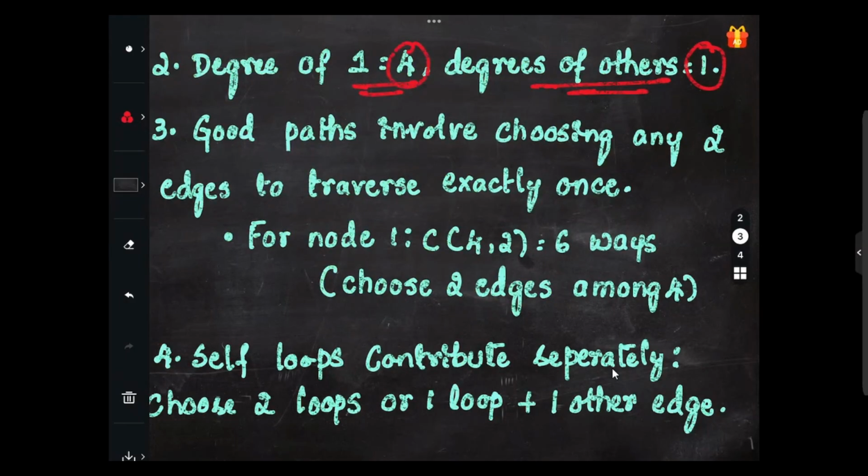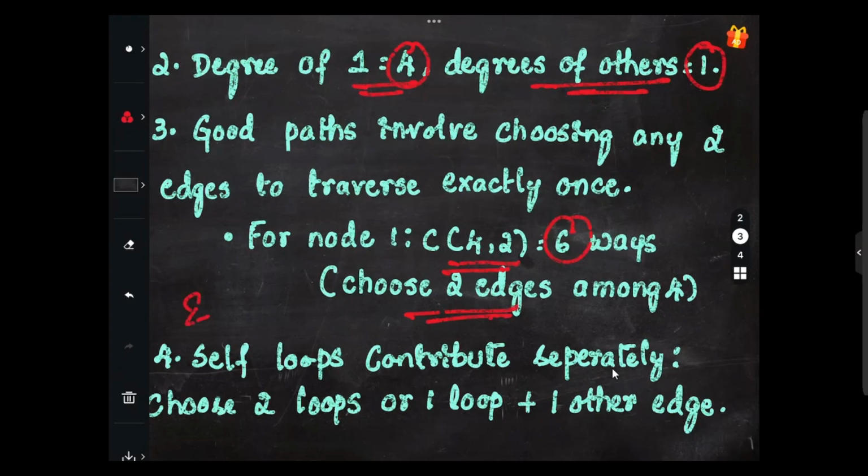Good paths involve choosing any two edges to traverse exactly once. From 1, we can just consider 4 comma 2, right? So when we sum this up, we will get 6 ways actually. We can choose any two edges among 4.